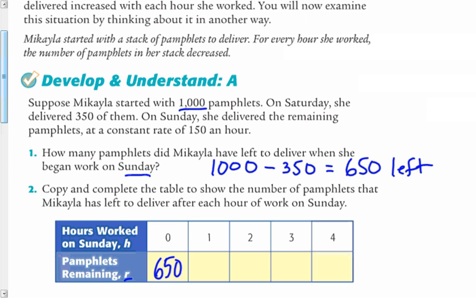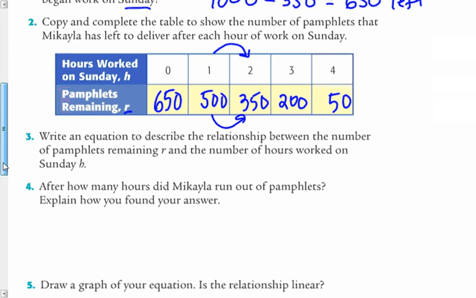And every hour she delivers 150 more, so I'm going to subtract 150 for each hour. 650 minus 150 is 500, minus 150 is 350, minus 150 is 200, minus 150 is 50. So that's the situation here. Notice as the hours go up, these numbers are decreasing. This is an example of a decreasing situation.